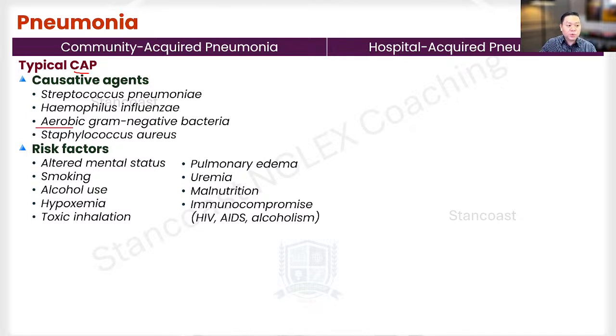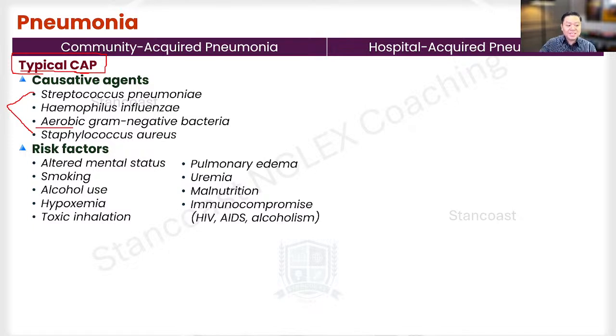So this is your typical community-acquired pneumonia, and this is quite related to the infectious microorganisms that we had mentioned. Now, here we're going to go back to community-acquired pneumonia, which basically happens when the patient is outside of a hospital or within 72 hours of admission.